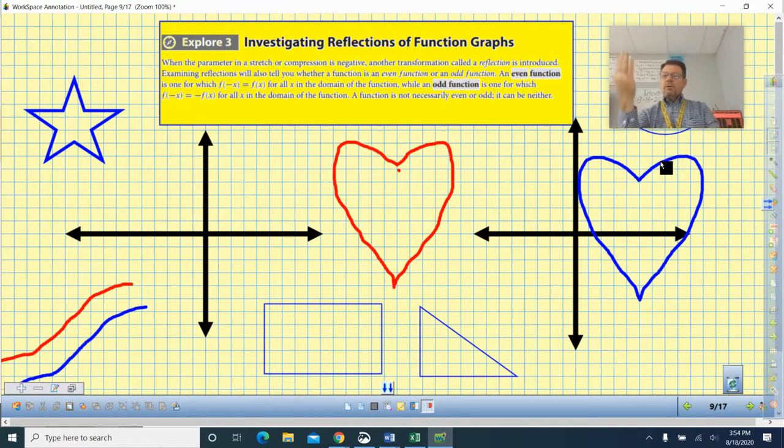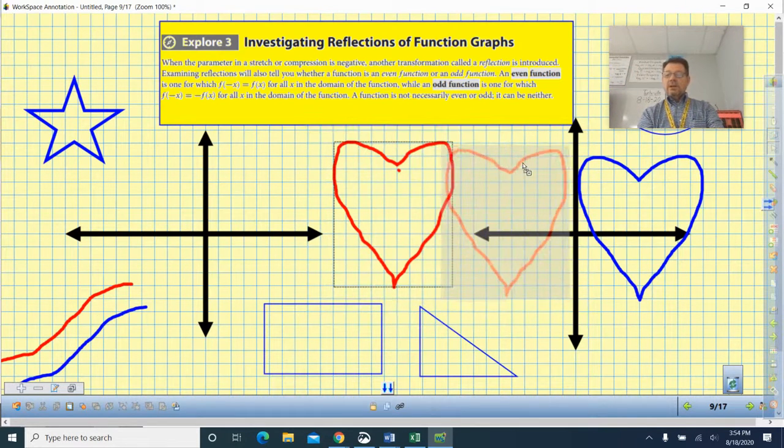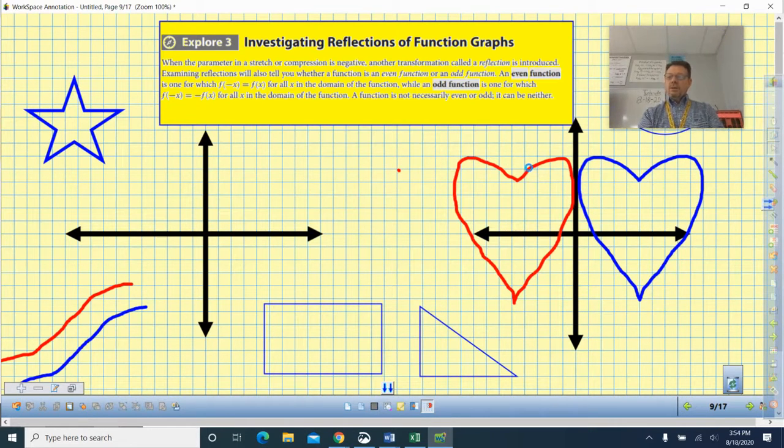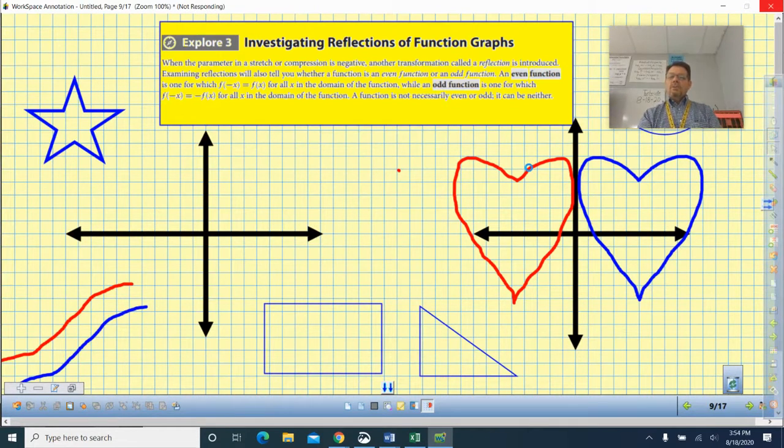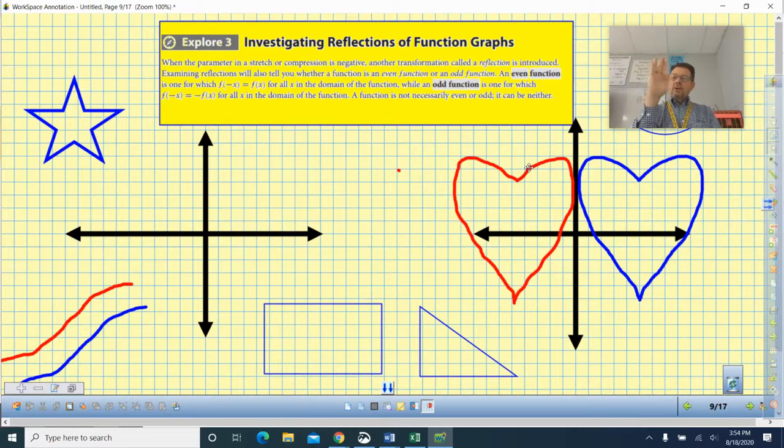If I flip it or reflect it across the y-axis, I'm going to end up with something that looks kind of like this, right? Well, it's basically the same shape, sure, but it's not in the same place, is it? So as long as you keep your graph along the y-axis and you can reflect it across the y-axis and get back what you started, you've got an even function, okay?